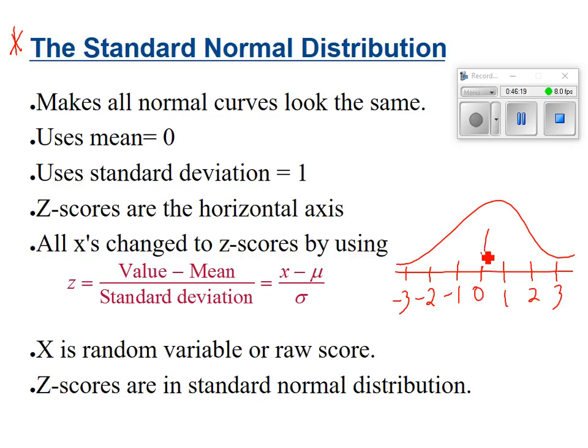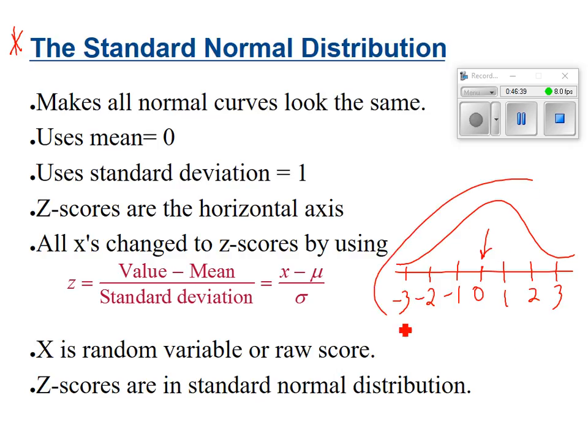This is your mean, and then each one of these spaces counts as one standard deviation, above or below. And we change everything to that one picture so that we can look at them all the same instead of looking at a million different kinds of graphs.